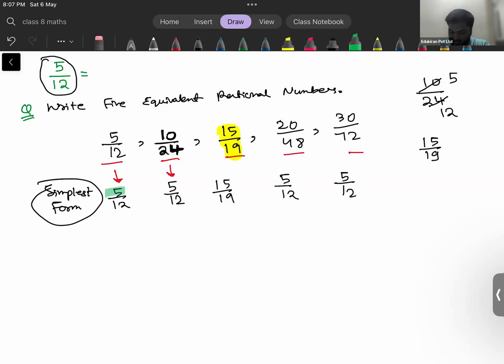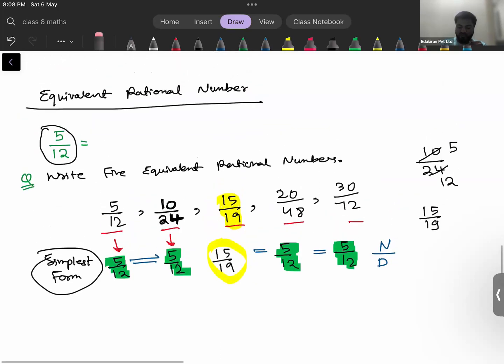And all these values are equivalent rational numbers, because in all of these cases, the simplified numerators and denominators are equal, right? Yes, sir. Except 15 upon 19, all of them are equal.